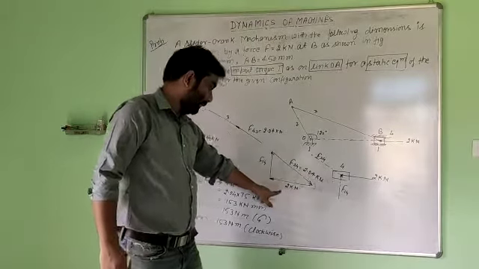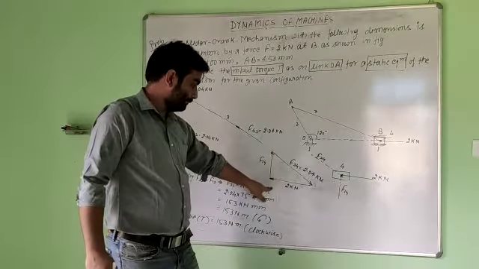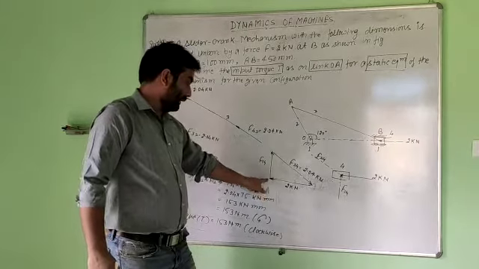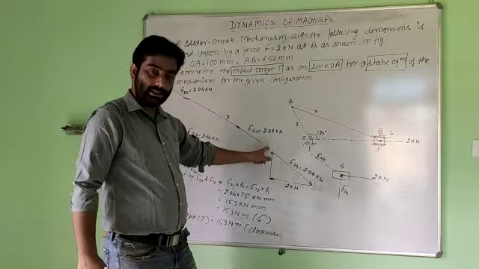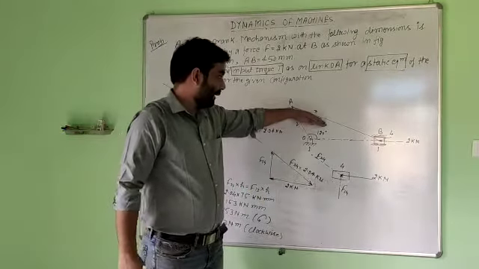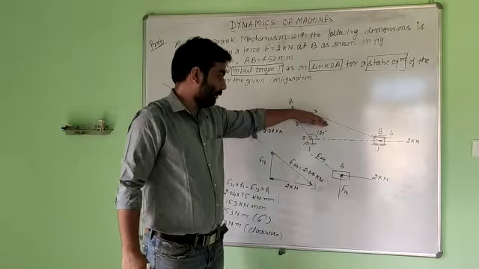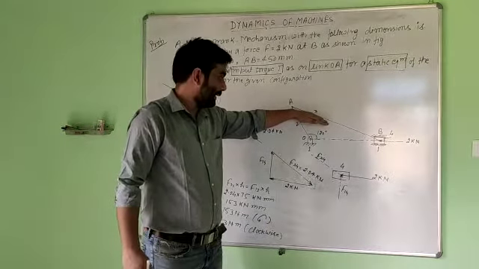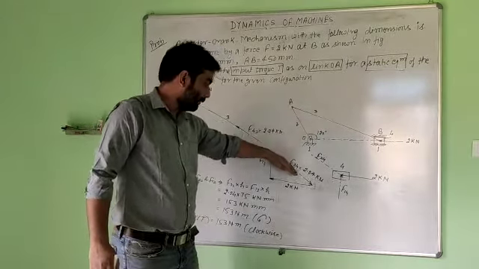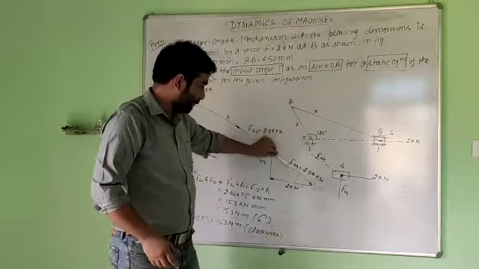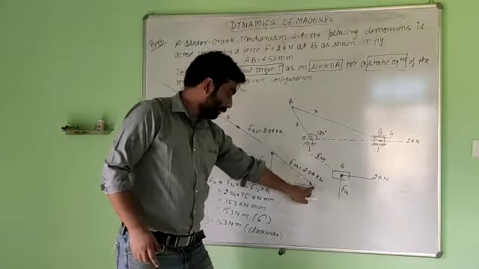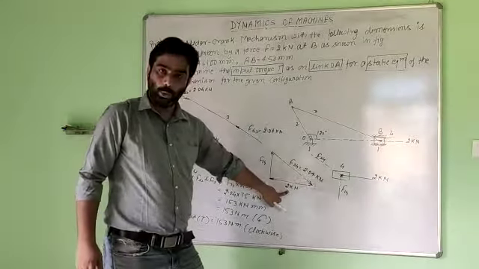First we will draw 2 kilonewton here by taking proper scaling. Then F14 is in vertical direction. Then draw a line parallel to this link, because this force will always act parallel to this link. Draw a line parallel to this one from this point, because we know the starting and end point of 2 kilonewton.